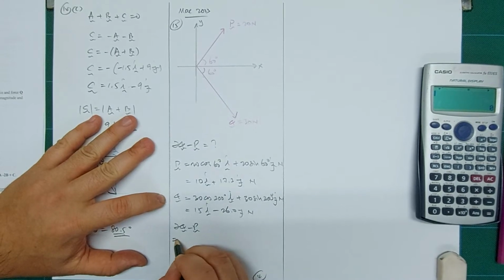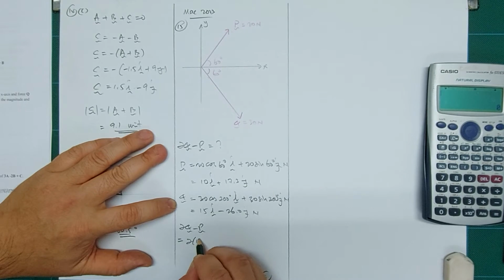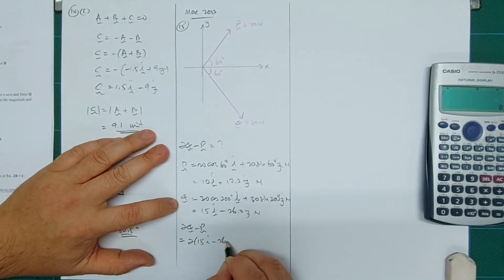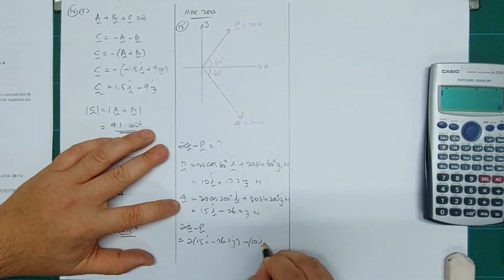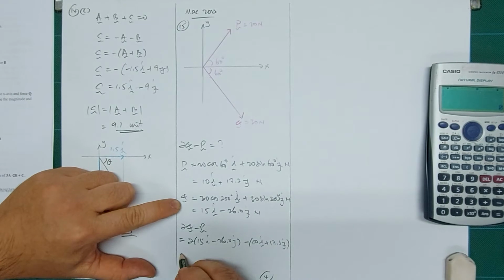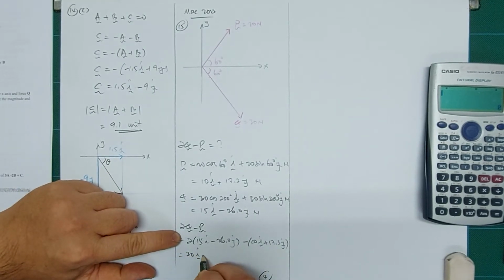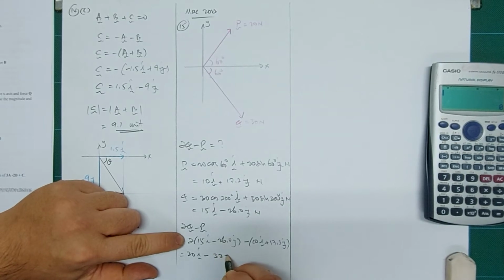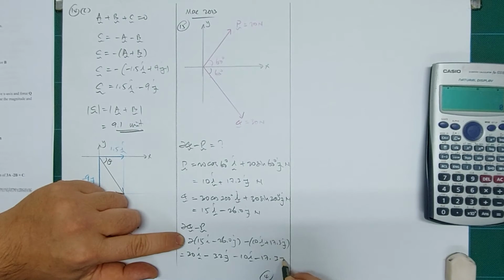Next, we calculate the 2Q minus P. Our 2Q minus P will be 2 times (15i minus 26j) minus (10i plus 17.3j). So now we have 30i minus 52j minus 10i minus 17.3j.